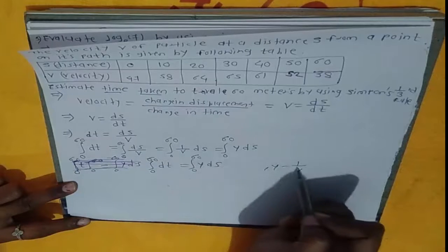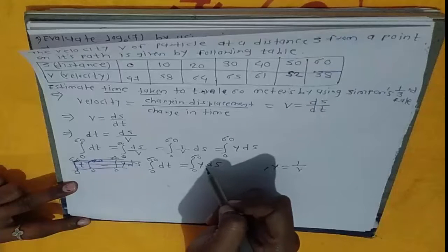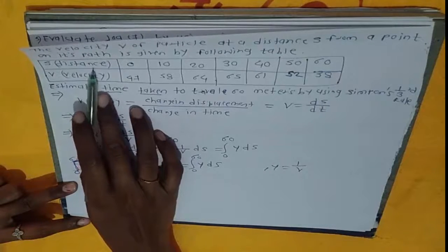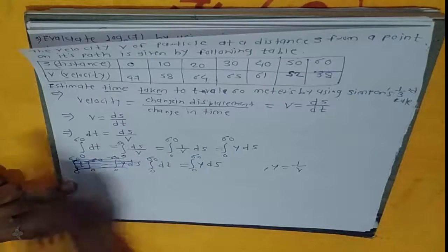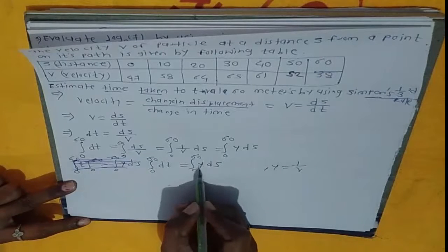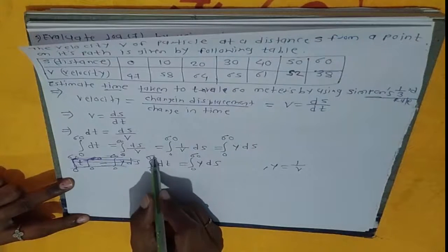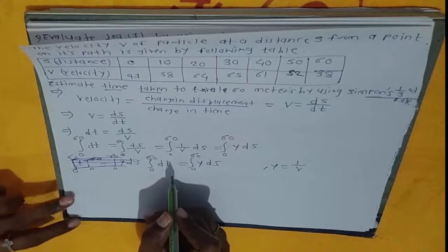If we find the value of y using y is equal to 1 by v, we get the different values of y at these s points, that is a set of data points. Using Simpson's 1/3 rule, we find this integral, which is nothing but the time taken to travel 0 to 60 meters for the given particle.